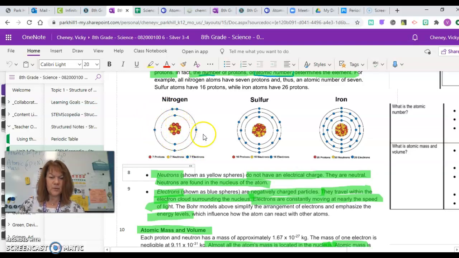We use these Bohr models, like I said, so we can look at where all of these electrons are placed in which orbitals, and what we talk about are energy levels. Remember I said this first energy level or orbital can only contain two. So we have nitrogen that has two in the first orbital, sulfur, and then iron. To me, I always think of it like a cup sitting on a saucer, and you fill the coffee cup and it spills over.